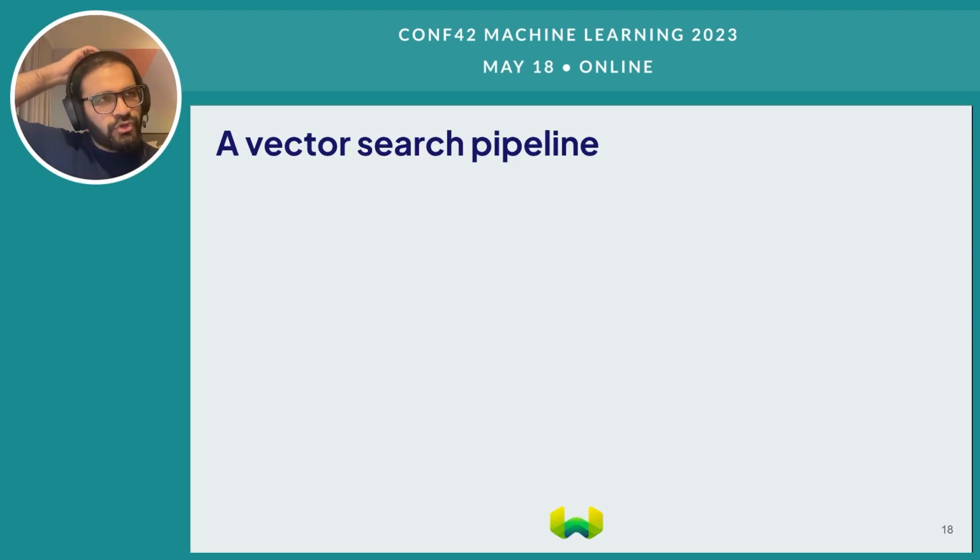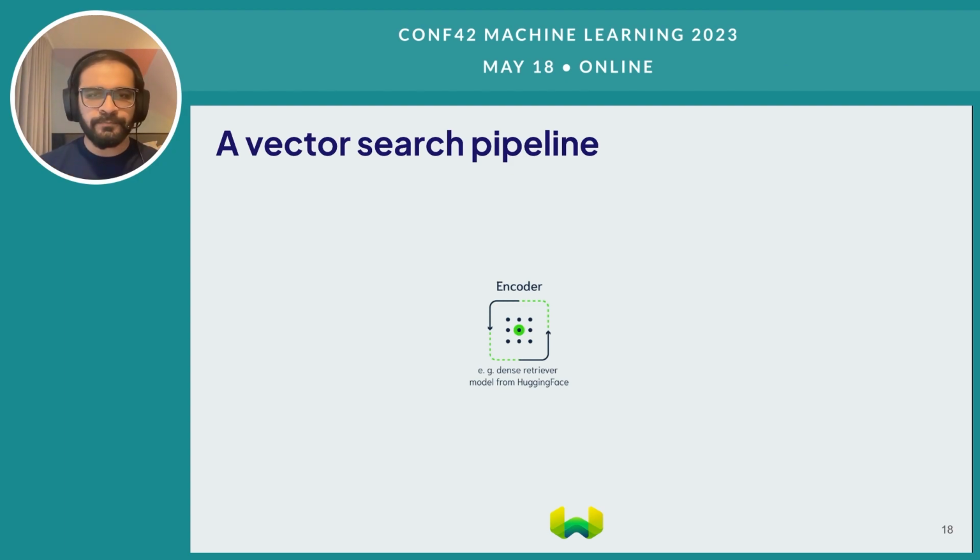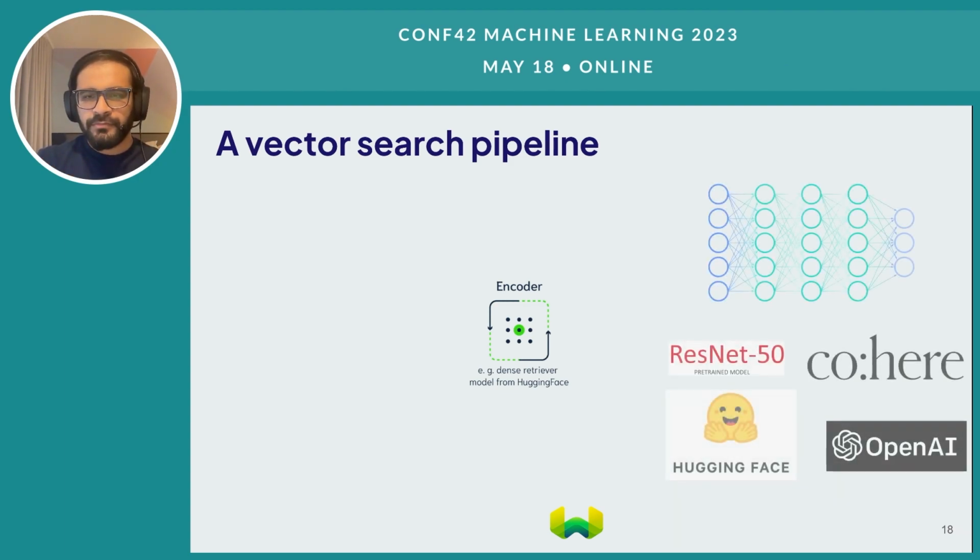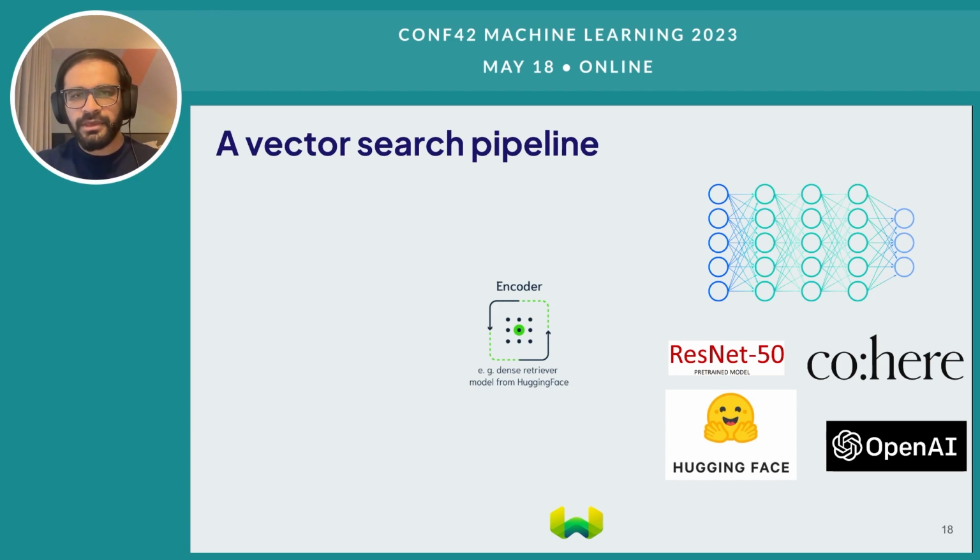So I want to show you a typical vector search pipeline with Weaviate, just to give you a better idea of how all of these moving pieces come together. Everything revolves around the machine learning model. It can be open source, like ResNet 50, which is widely available. It can be a model that a friend uploaded to Hugging Face and made available to the wider community.